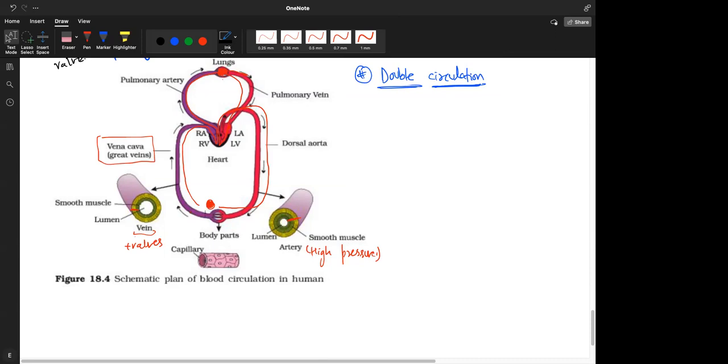Okay, great. So what is the cardiac cycle? Let's define things. So write down: cardiac cycle is a sequential event.